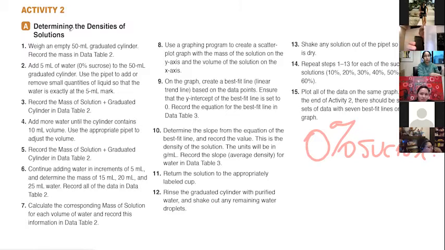You can see that there are major marks for every 10 mils, and a smaller mark for every 5. Hopefully you have your own cylinder right now. So we're going to put 5 mils in there, and you're going to have to estimate for yourself where it hits the 5 mil mark.